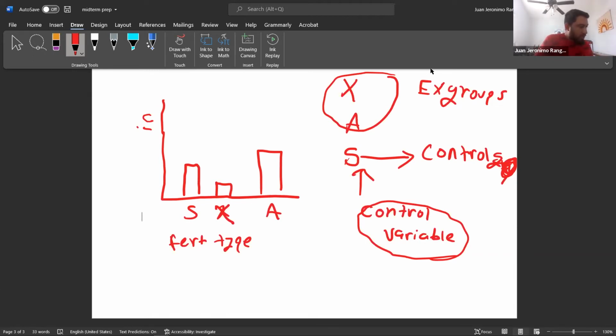Okay, I guess I got to talk about hypothesis. All right, so if you look on page 50, a hypothesis is a potential explanation to the question.